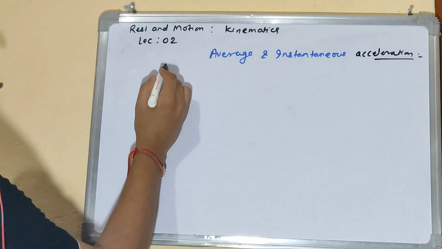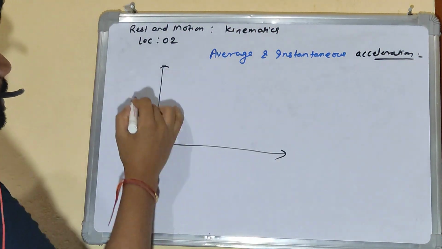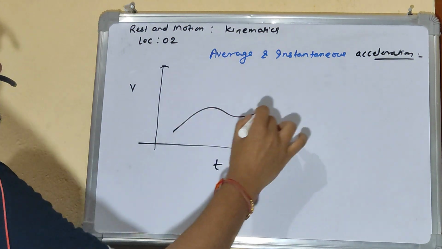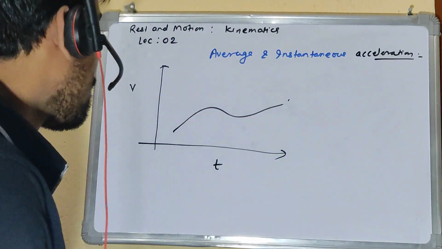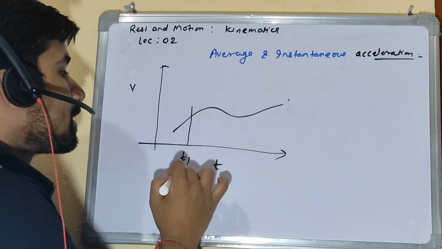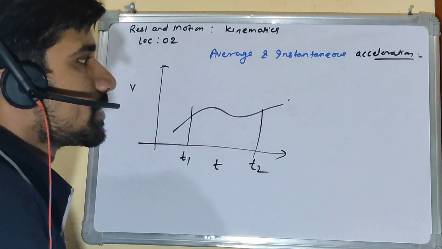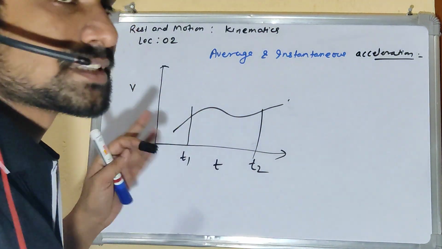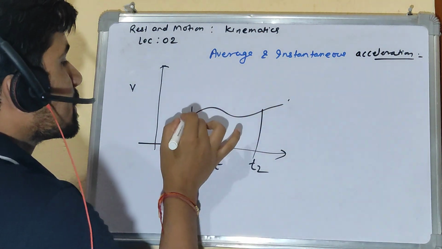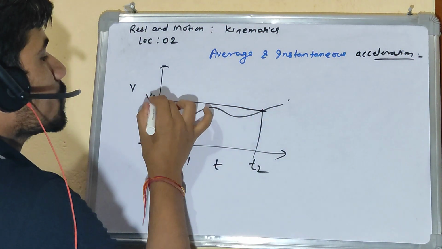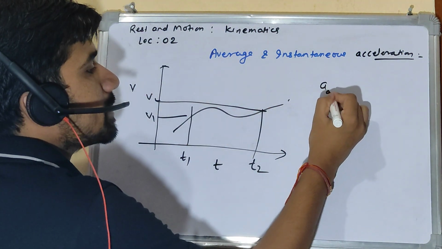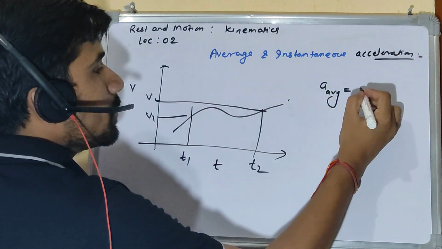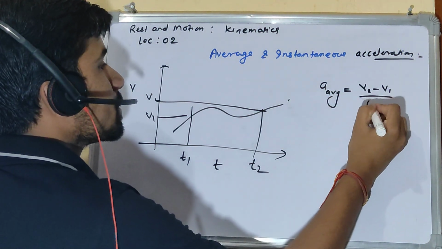So let's say we have a velocity time graph, something like this again. At, let's say, t equal to t1 and t equal to t2, if I need to find the average acceleration in this duration, let's say this is v1 and this is v2. So average acceleration will be v2 minus v1 by t2 minus t1.